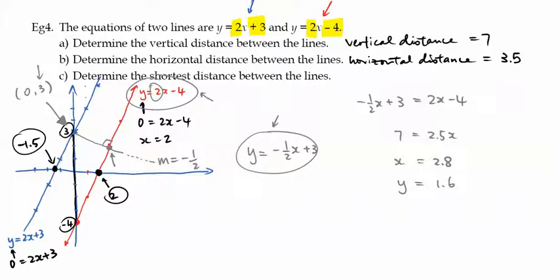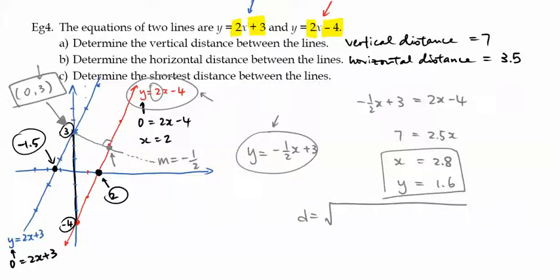And I can then use my distance formula to find the distance between these 2 points. Which gives us 2.8 and 1.4. The difference between the x and the difference between the y coordinates.